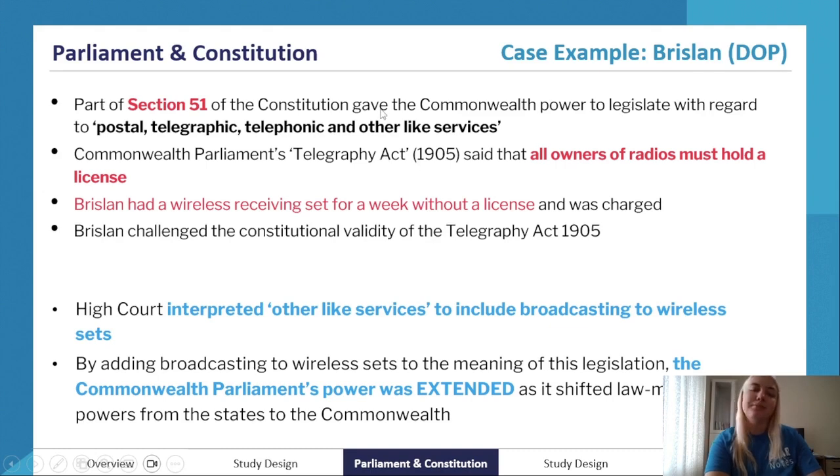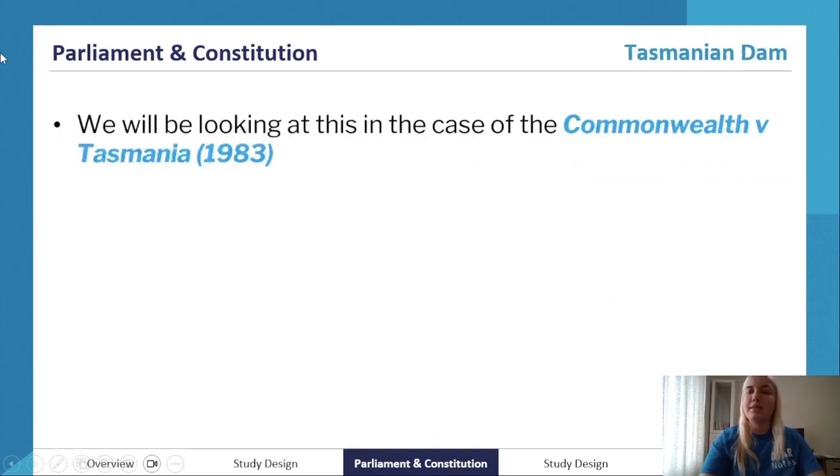But similarly, the scope of the legislation could have been narrowed if the High Court had interpreted that other like services may only refer to specifically services that are postal, telegraphic, or telephonic that are in some way very, very similar to the services already existing when this legislation was drafted. In that case, Brislin would have won this case, okay, and would not have been charged with an offense. So that's exactly what that's referring to.